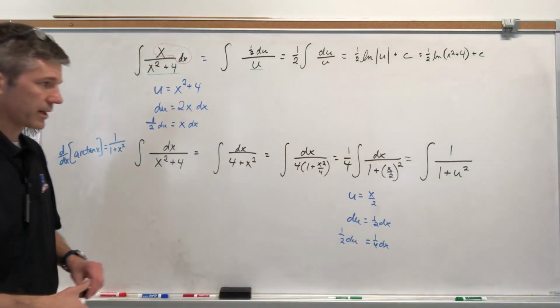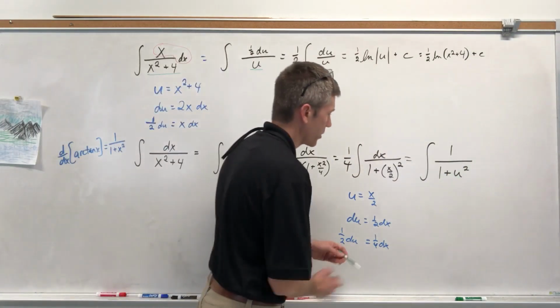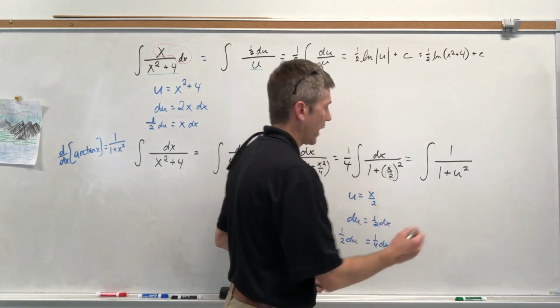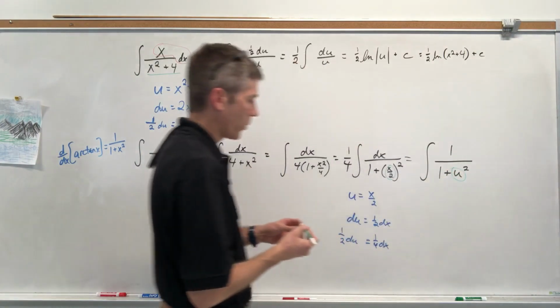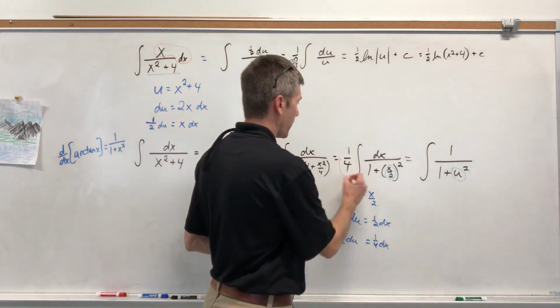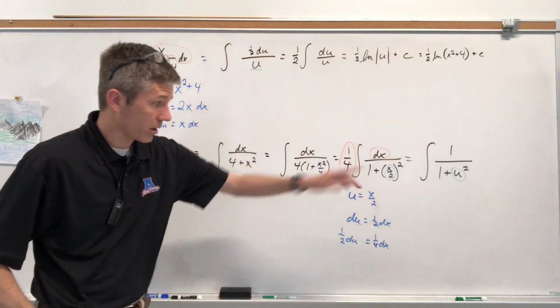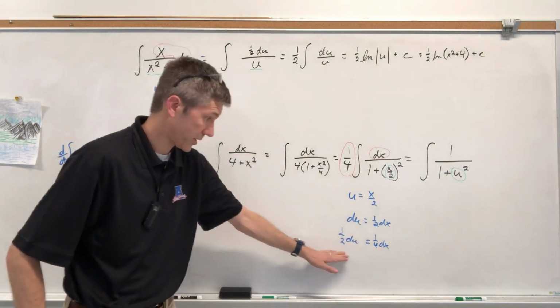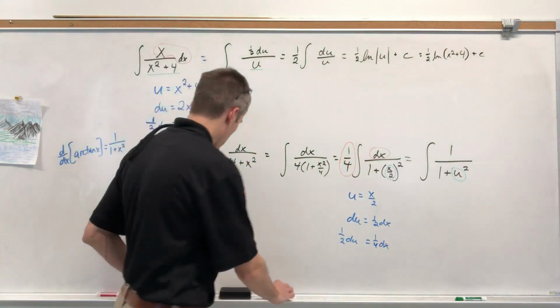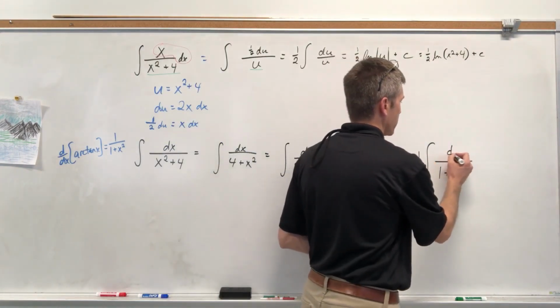So if you're keeping track of what needs to be underlined or highlighted, that is u. But what we haven't dealt with is this 1/4 dx. I need 1/4 dx over here, but it needs to not say 1/4 dx. It needs to say 1/2 du. So we're going to have 1/2, and we'll put the du in the numerator.